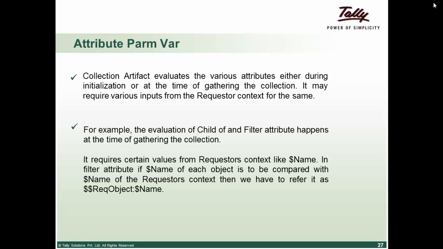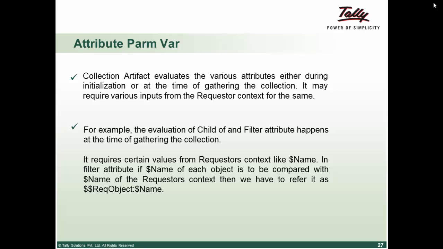Now this is a very peculiar attribute called palmware of collection. Generally when the collection artifact evaluates the various attributes during the initialization or at the time of the collection gathering, it may require inputs from various requester contexts.